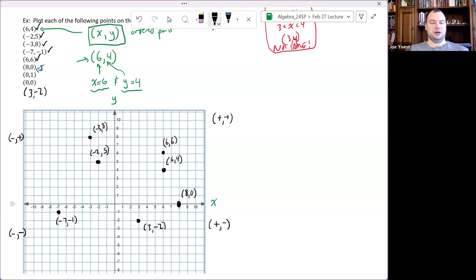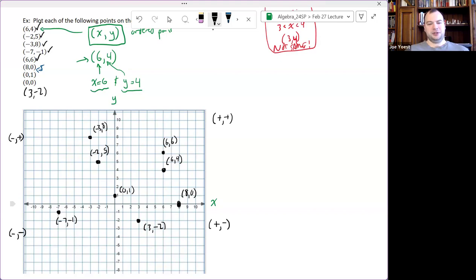The point, say, 0 comma 1 similarly says start at the origin, don't move at all horizontally, move 0 units left or right. How should we move vertically? We should move 1 unit vertically, to bring us to 0 comma 1.